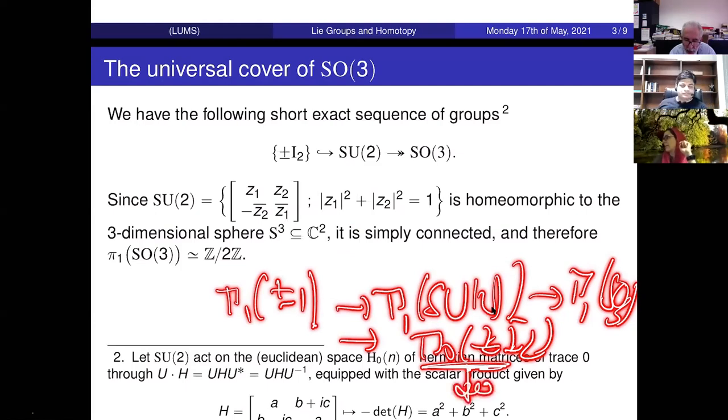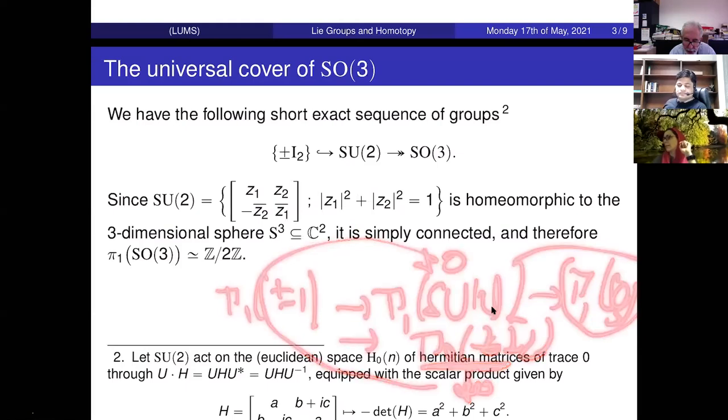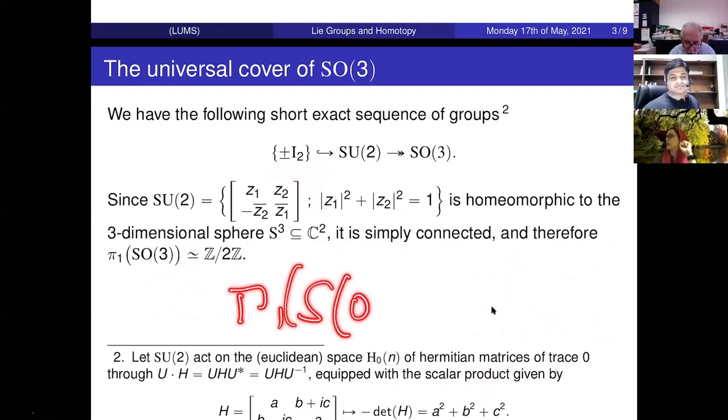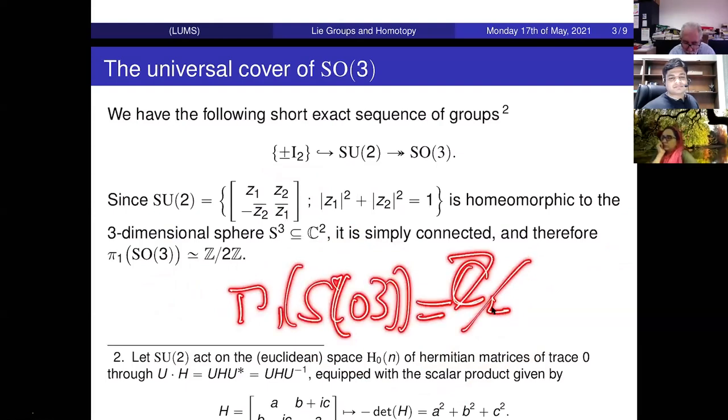So this is 0. Sorry, π1 of... this is the kernel. So we see from this that the π1 of SO3 is exactly Z over 2Z.